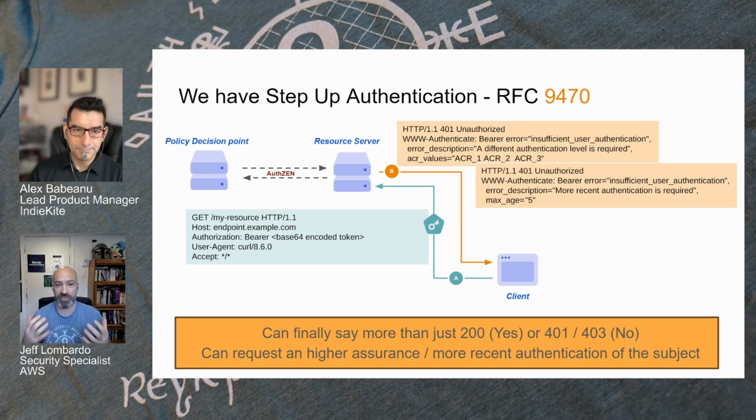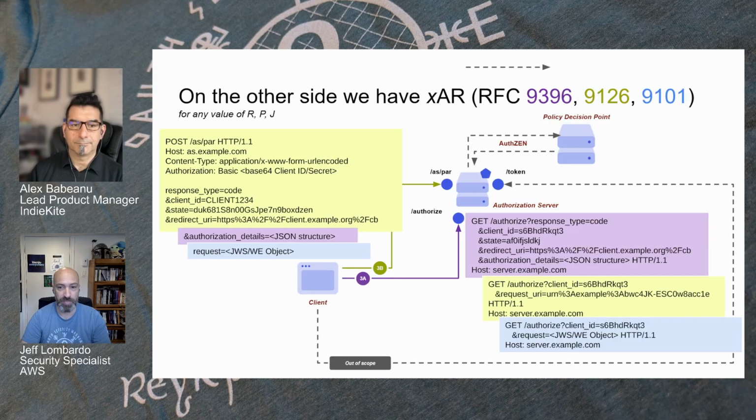So that's great, because now it means that the resource server can say more than just yes and no, which is exactly what the policy decision point tries to help the resource provider to be able to say. So we have a foundation to try to provide more signaling over there.